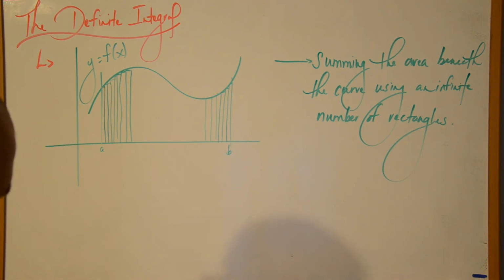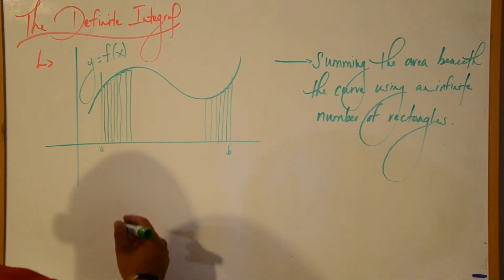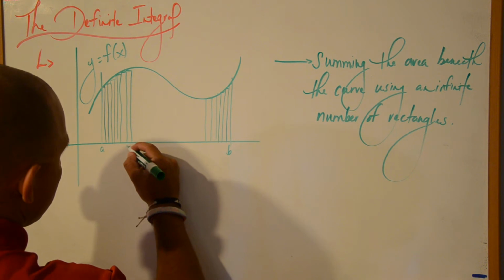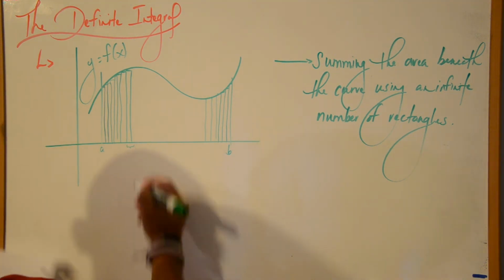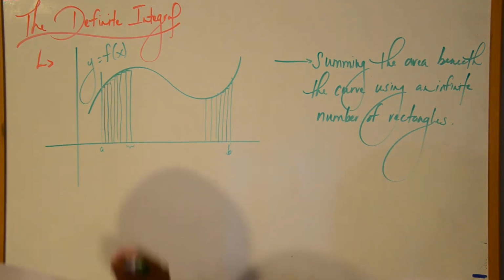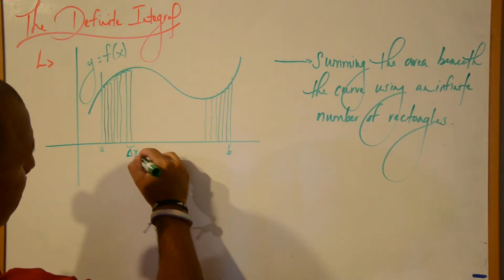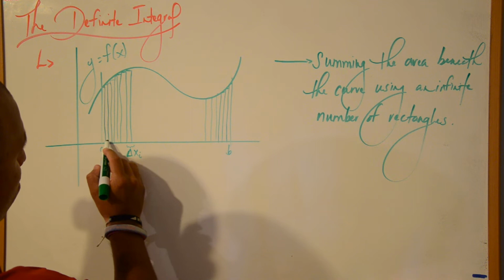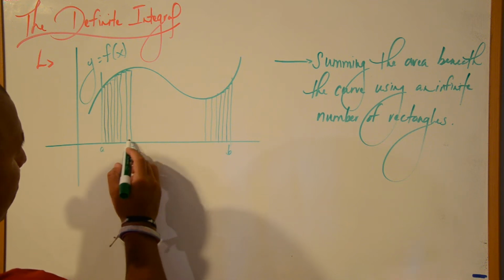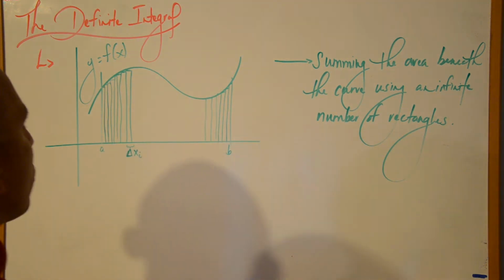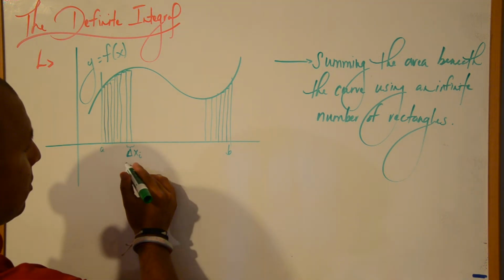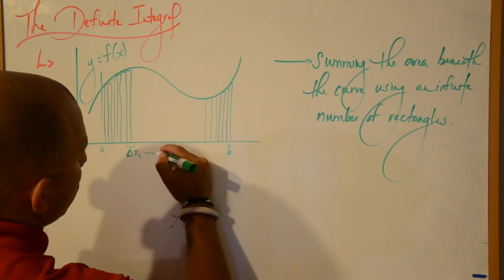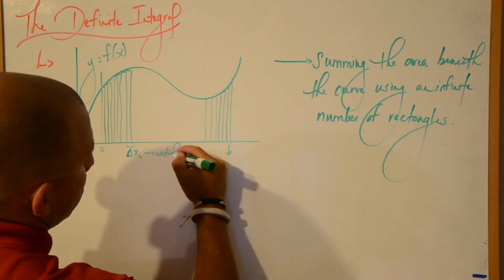Now, what's really happening? Okay, well, the distance between the rectangles is known as delta x sub i, right? Because we have so many, we have rectangle 1, 2, 3, 4, 5, 6, 7, 8, and so on and so forth. Okay, delta x is really representing the width, right?